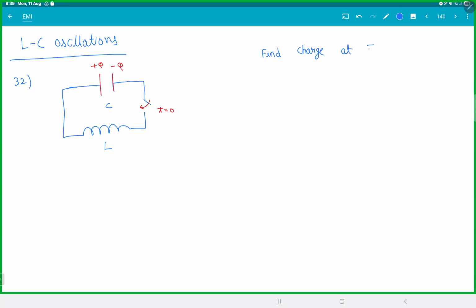Actually, if you can find charge, you'll get current also. Let's find the charge at time t. I can ask you a lot of things: find the energy stored, current, energy in the inductor, magnetic field, all that stuff.